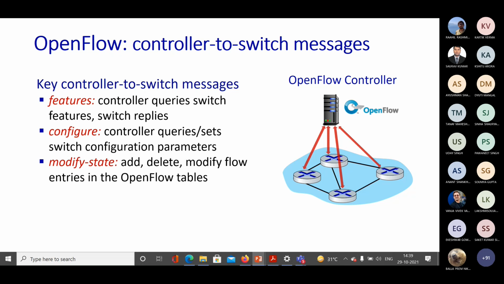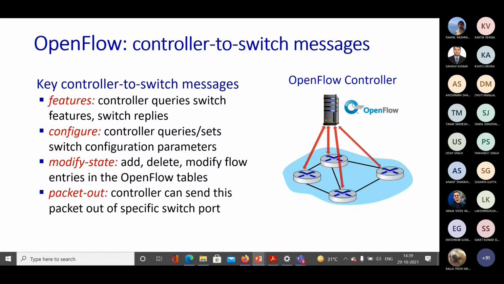And of course, there are modify state messages, which are for adding, deleting, and modifying flow entries in the flow tables. So the key controller to switch messages are features, configure, and modify state. And then you have the packet out message, where the controller can send a packet out of a specific switch port.